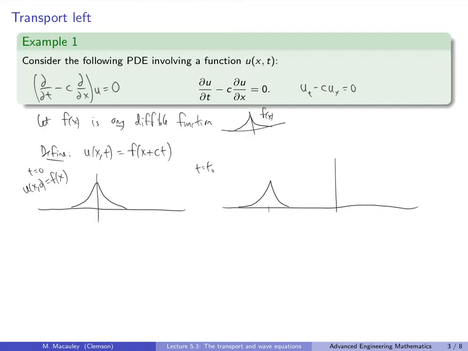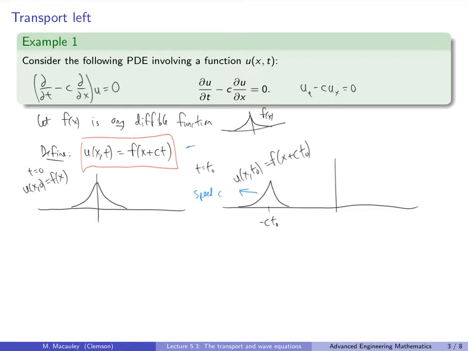So if this is negative c t naught, then notice that u of x, t naught equals f of x plus c t naught. So in other words, this function of two variables that we've defined right here can be thought of as a traveling wave, where f of x is the wave, and this is traveling left at speed or velocity c.